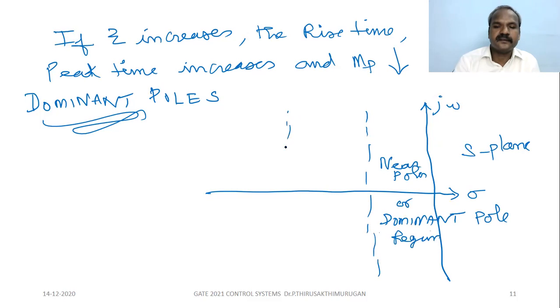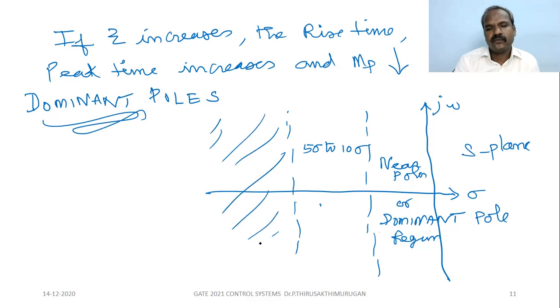This region from 2 times to 5 times to 10 times sigma is the far away region. These are far poles.